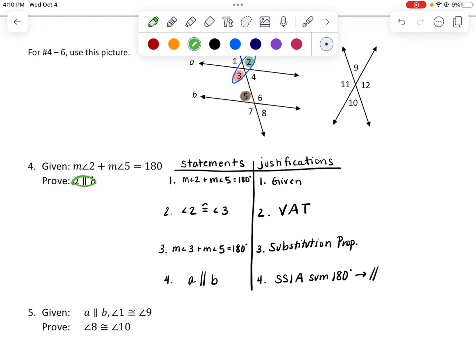So if you see that you are proving parallel lines, a note that you can make is use the converse. If you're proving parallel lines, you need to use the converse. Okay, let's go ahead and try some more.